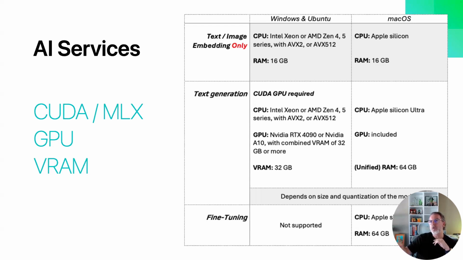What they mean with the 32 gig is combined across one or more video cards. So you're right. Even the one I showed just now has 24 gigs of RAM, and that means that for any size model, I need to have multiple of these, because the combined size of the VRAM on these things needs to get to the threshold that I'm happy with.